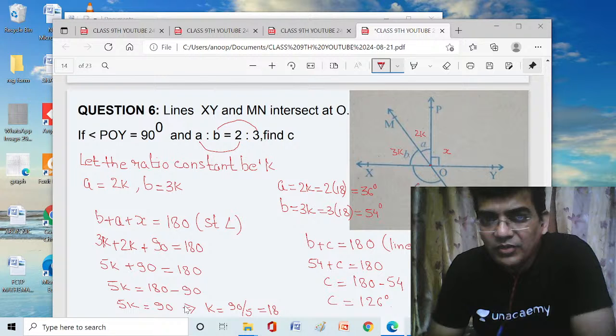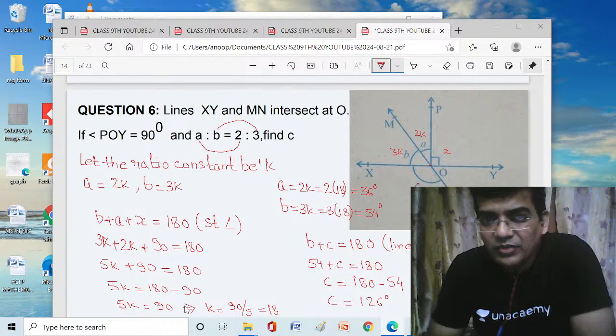And remember, angles about a point, their sum is always 360. Angles about a point. Oh, it's not this clear? Angles about a point.